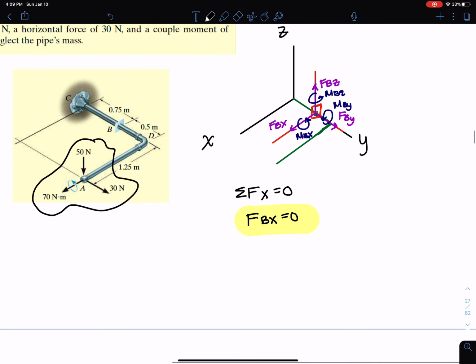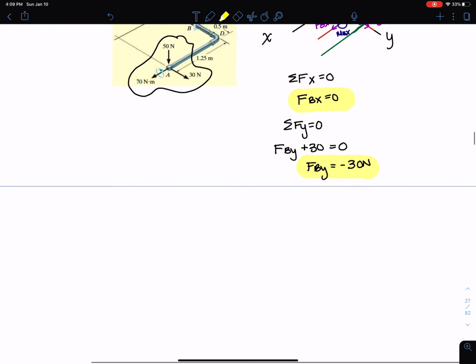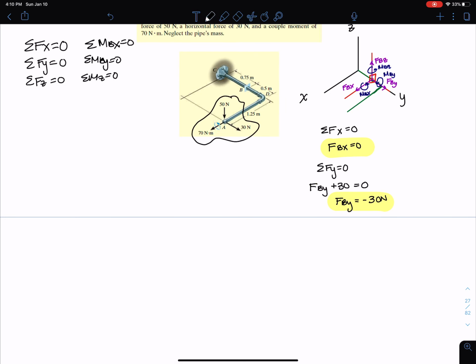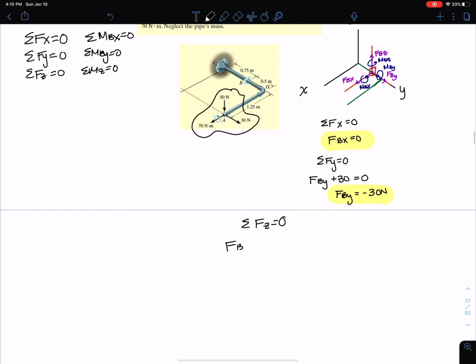For sum of y equals 0, I have my FBY and a 30 Newton force, so FBY has to be negative 30. Then for the sum of forces in the z, FBZ minus that 50 Newton force, and I get FBZ is 50 Newtons.